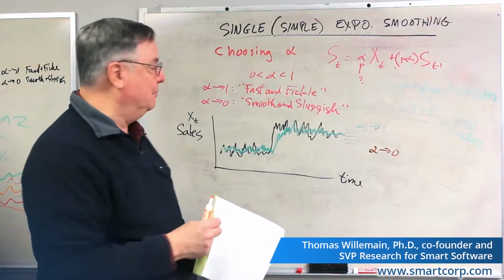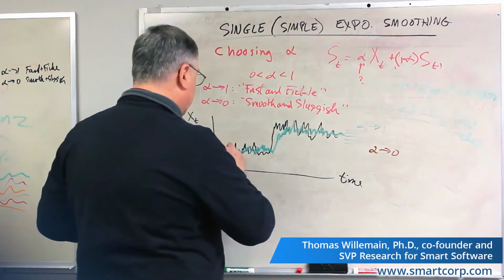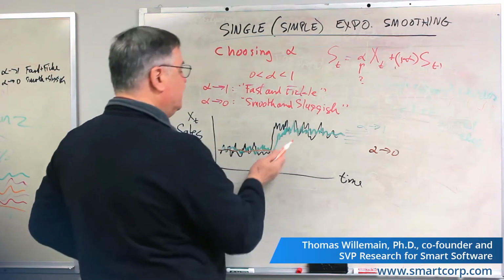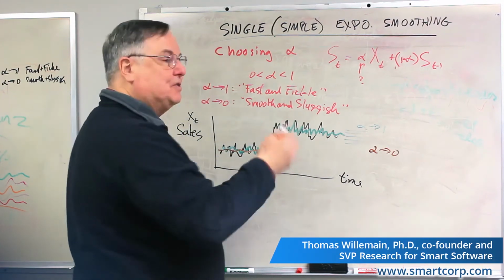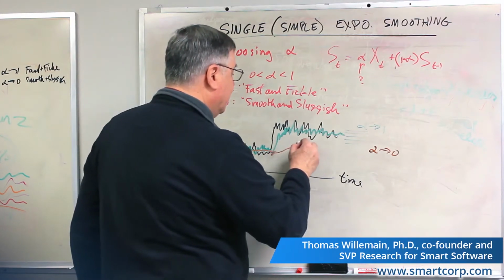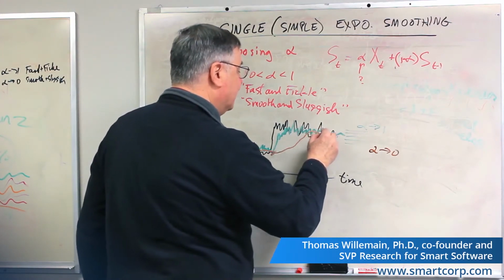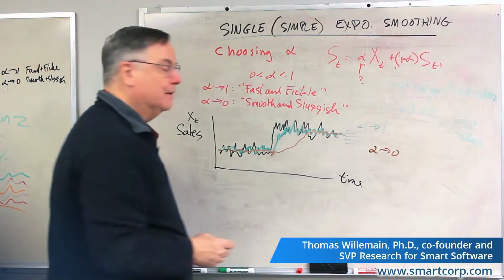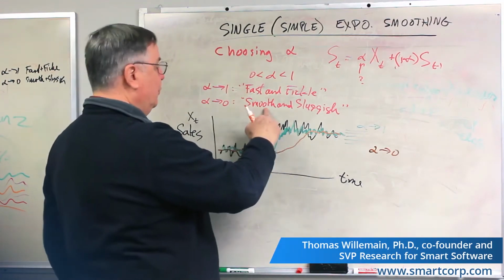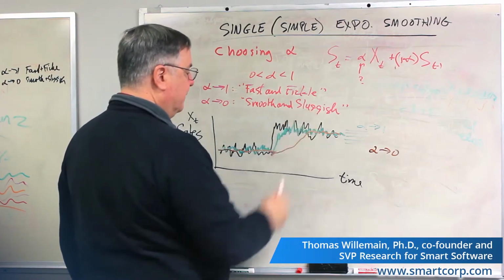So that'll be very smooth. So you'll get something that's a lot smoother. On the other hand, as there's a big shift, it keeps giving it a tiny weight. And so it's going to take a long time before it cottons on to the fact that there's been a shift. And so that's the story of smooth but sluggish.